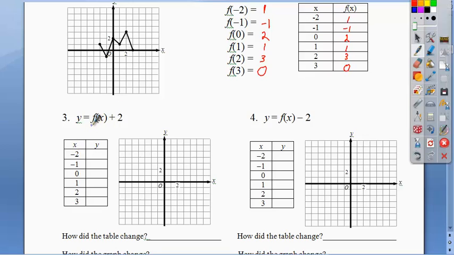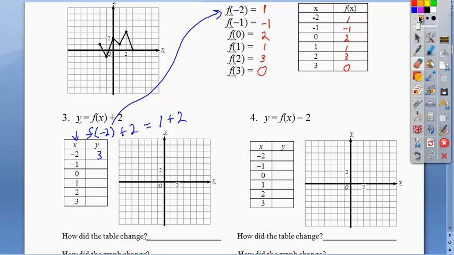Well, the first thing I do is I look at what I've got going on. So f of, and again, x in this first case is negative 2 plus 2. And what was the value of f of negative 2? And we find out that the value was 1. And so then I'm just going to add 2 to it. And so 1 plus 2 gives me 3.